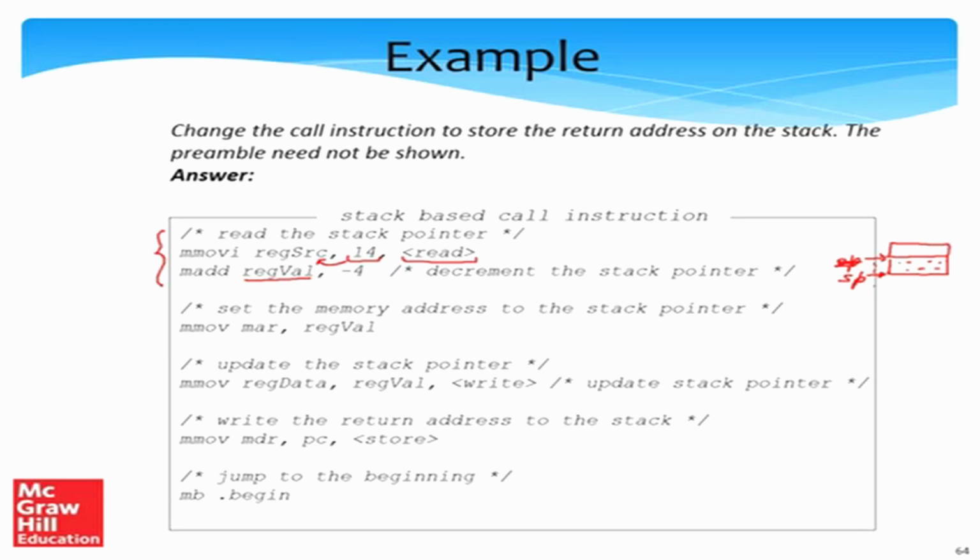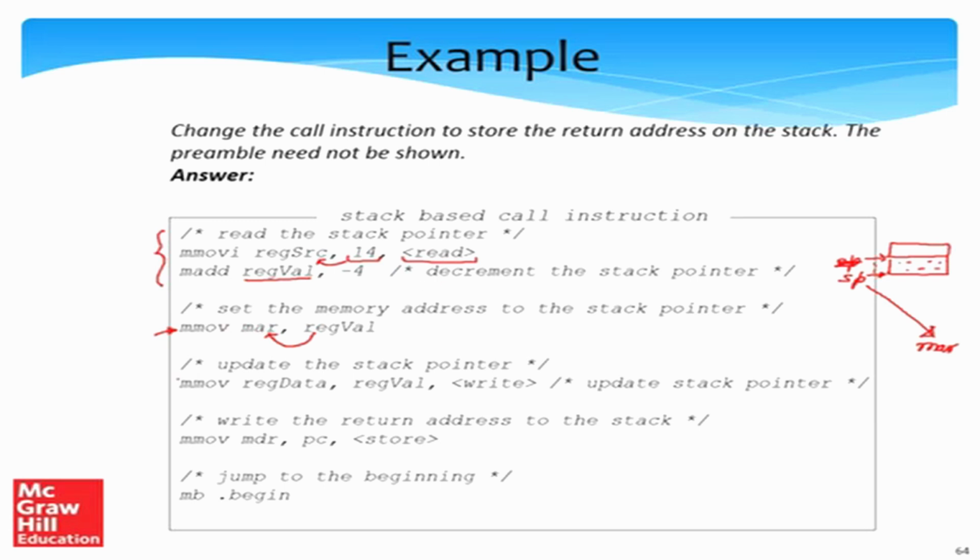Simultaneously, since we need to store something over here, we send this to the MAR, the memory address register micro register, using a simple mmove call. So we send the updated value of the stack pointer, which is the old SP - 4, to the MAR using an mmove instruction. This will be required when we store the return address.